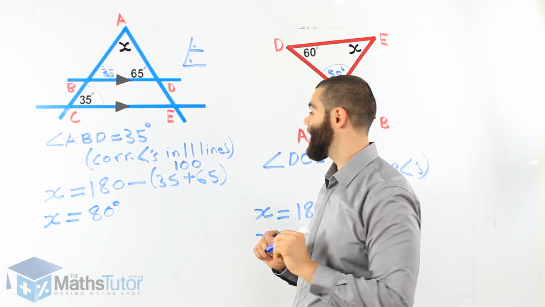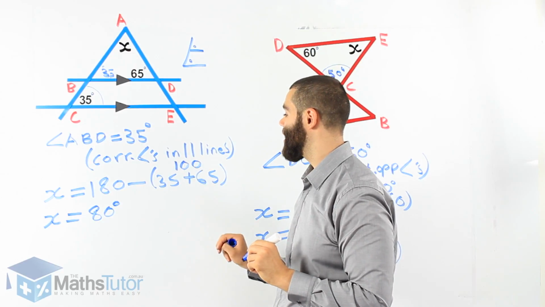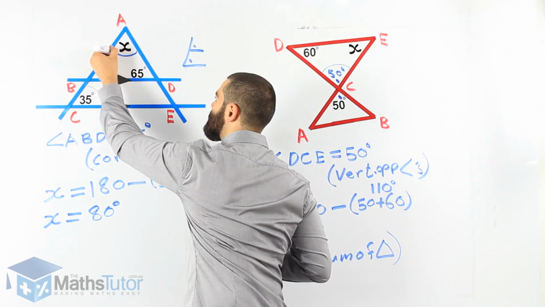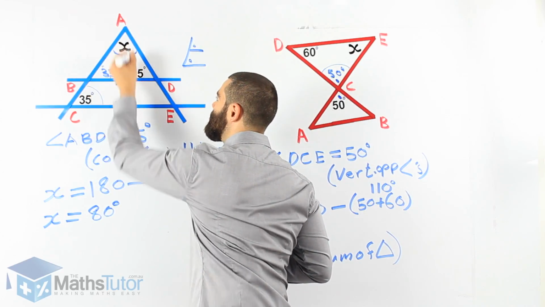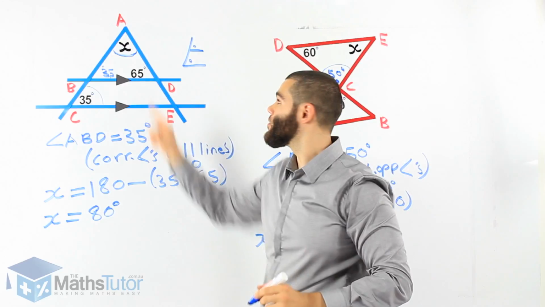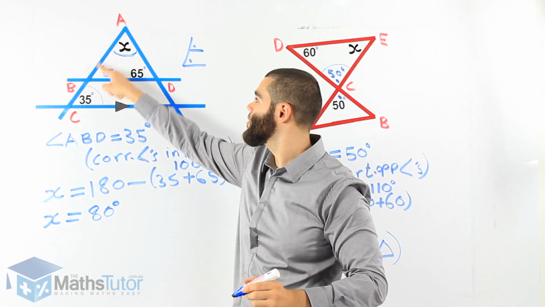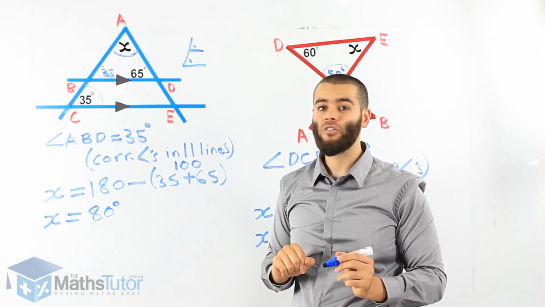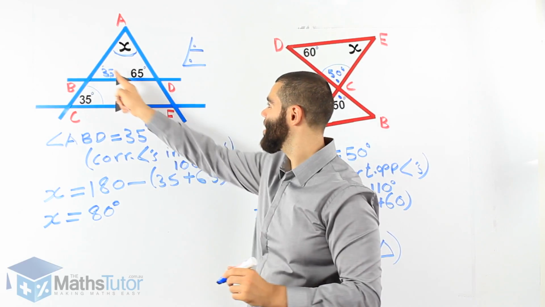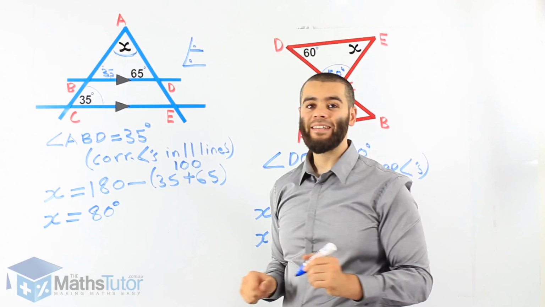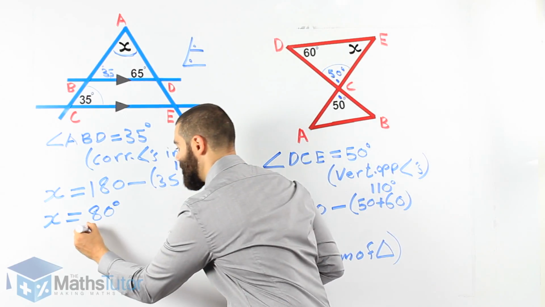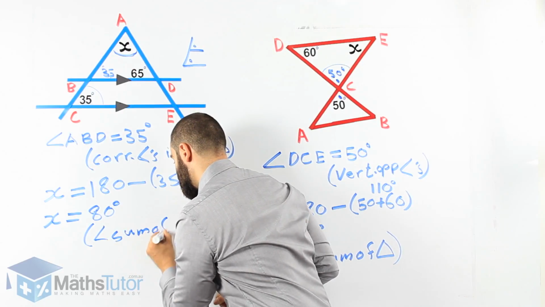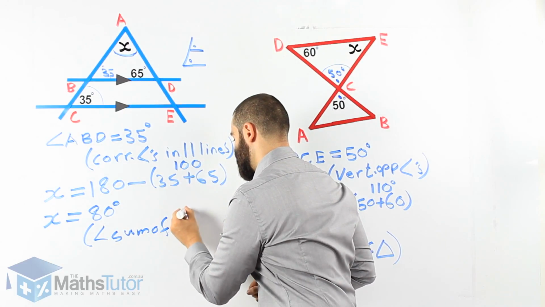X is this angle here, 180 minus these two angles. That's the angle sum of a triangle. We know the angles in a triangle add up to 180 degrees. 180, take away these two. X is 80 degrees. Now we write our reason. Angle sum of a triangle.